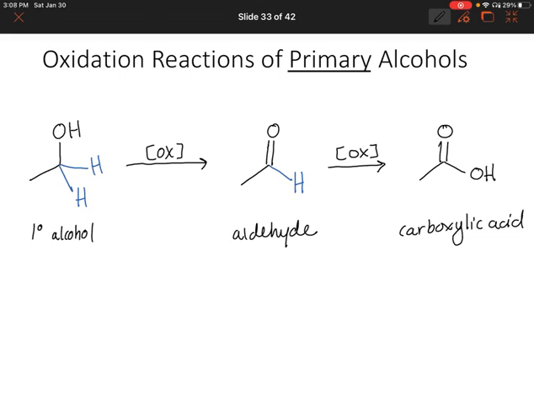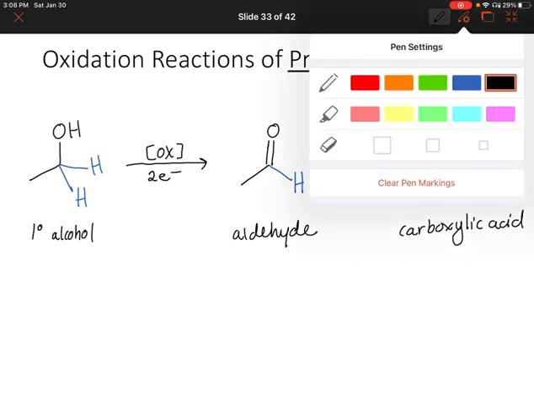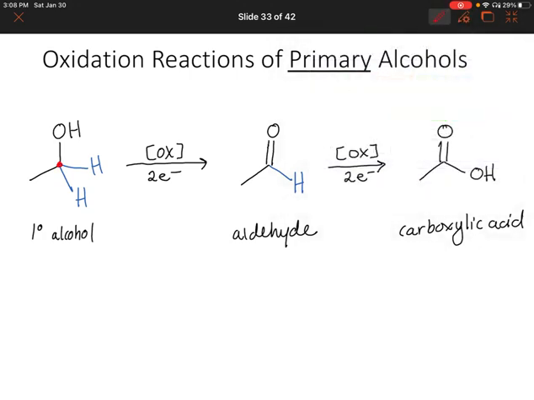So each time we perform an oxidation step, we're losing 2 electrons. So let's calculate the oxidation number of the carbon as we go from a primary alcohol to an aldehyde to a carboxylic acid. And feel free to pause the video to calculate the oxidation number.